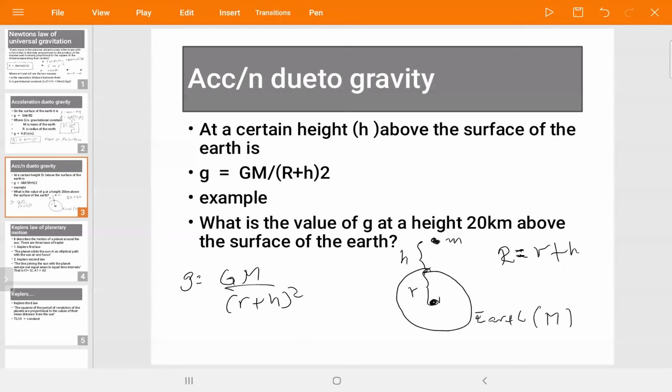Then what do you expect the value to be? What will happen to the value of the gravitational acceleration? Will it increase or decrease? As the height of an object is increased, the value of gravitational acceleration will decrease. At a certain height h above the surface of the Earth, the gravitational acceleration will get less.